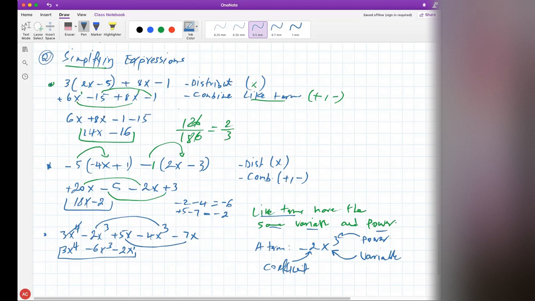I have a question, sorry. Okay, go ahead. The minus 2x to the power 3 and minus 4x to the power 3 became minus 6x to the power 3. Is that because both have the same power, or because both have the same negative sign in front? No, it's because of the same power. Oh, okay. Same variable and power.